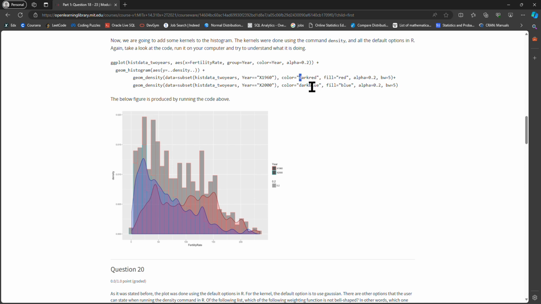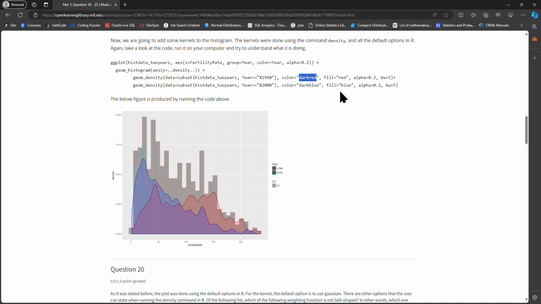Dark red belongs to 1960, and dark blue belongs to 2000. That's what we know. Correct.